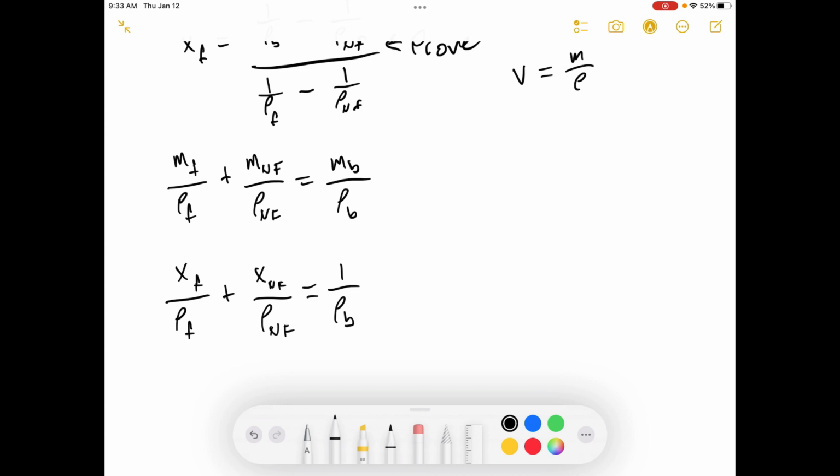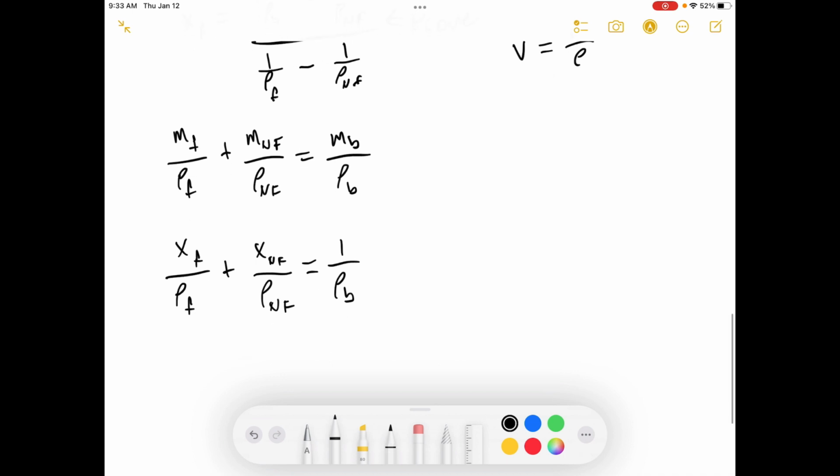We want to remove this term. So one way to remove this term, I think, is to know that the sum of the mass fractions needs to equal 1. So we know that this equals 1.